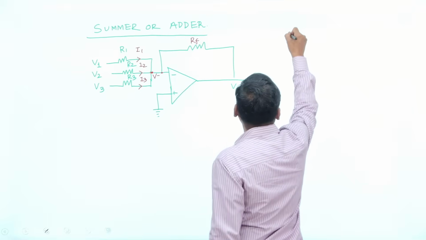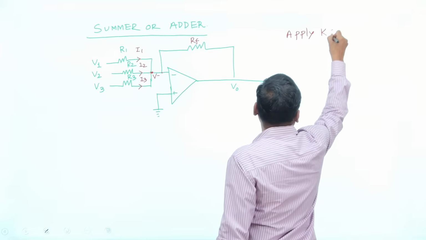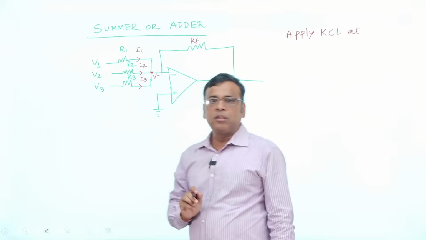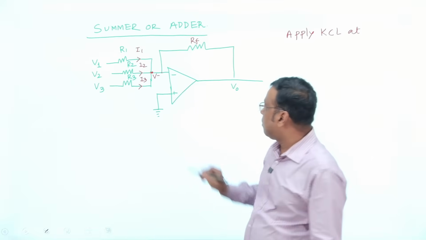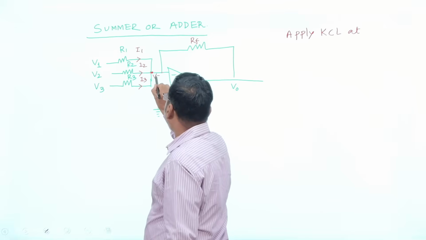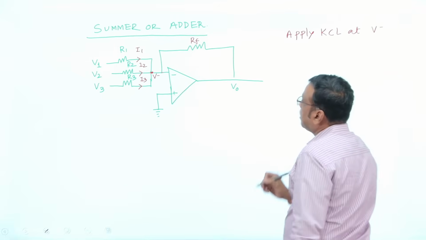Kirchhoff's current law is nothing but Kirchhoff's point law, or junction law. It is applied at V minus.